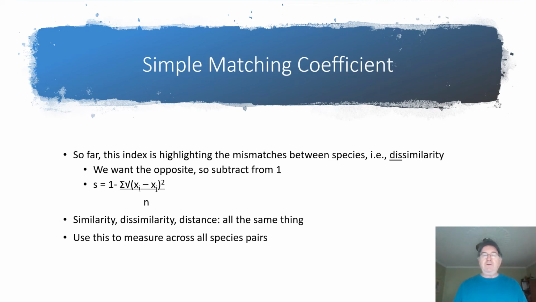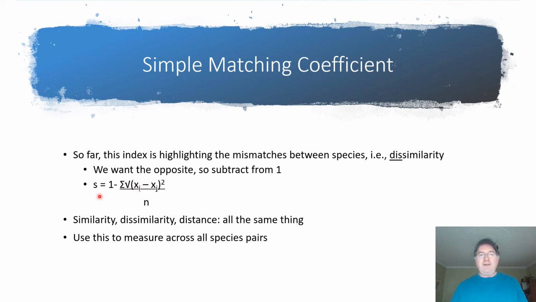So in order to convert, because we've got this normalized so that its value scales from 0 to 1, let's just subtract the index we've calculated from 1, so that if there is no difference in the character states between two organisms, then this component over here, the sum over all characters of the square root of the square of the difference in each and every character divided by the total number of characters, is going to be 0 if they're exactly the same.